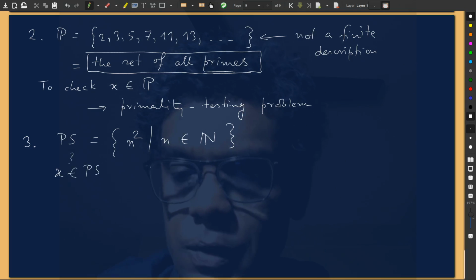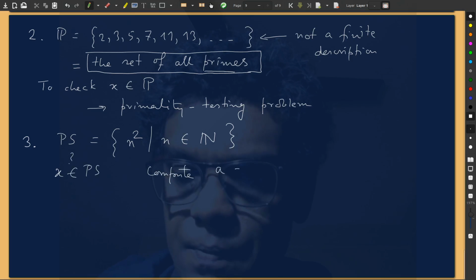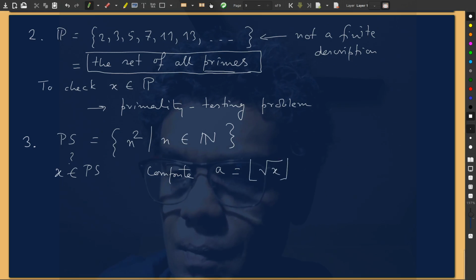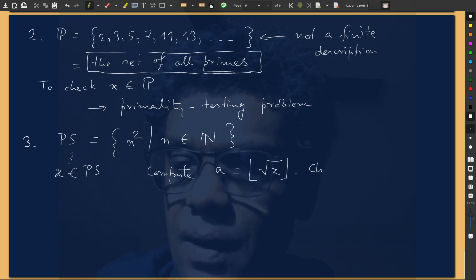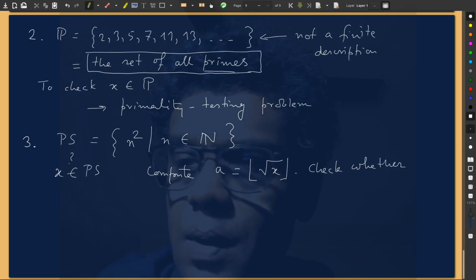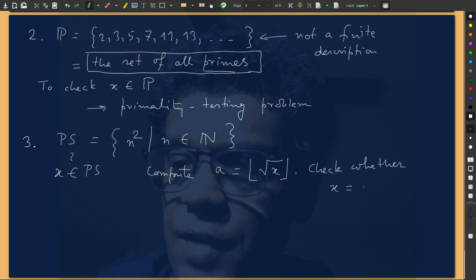So you compute the integer square root a of x, and then check whether x is equal to a squared.